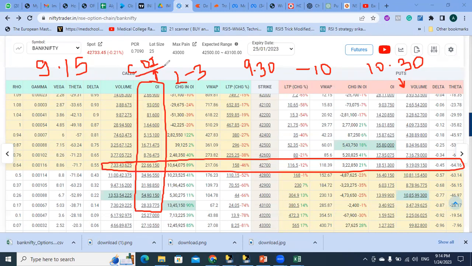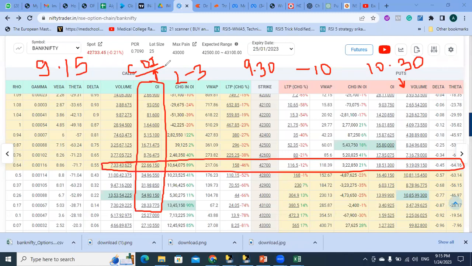If call OI is increasing and put OI is decreasing, then it will mean that the people who are protecting or defending the Bank Nifty levels from 40,700 are becoming stronger.